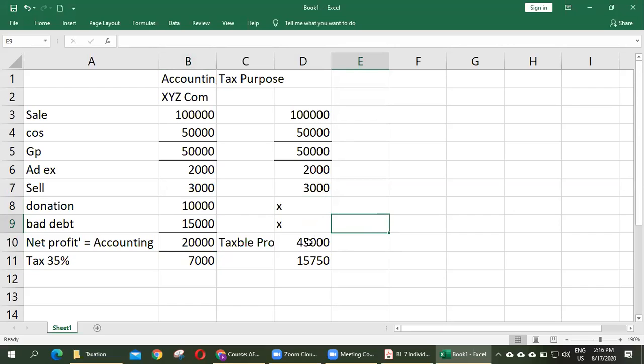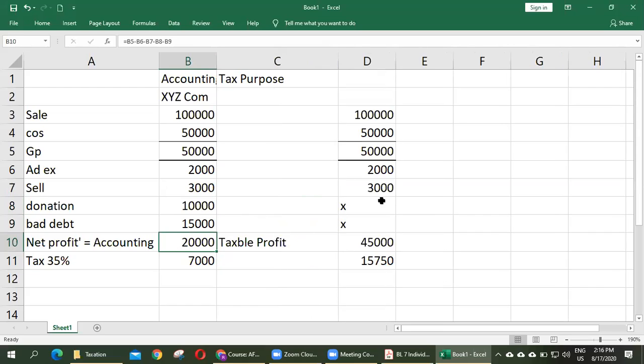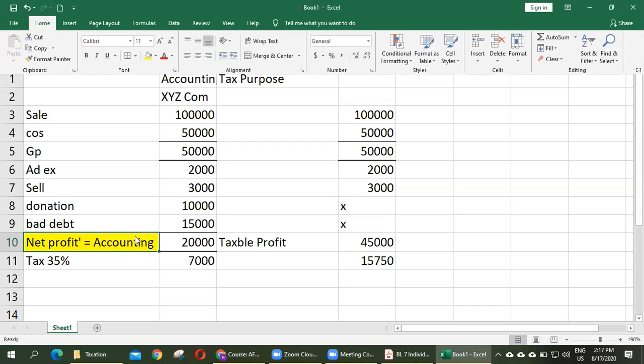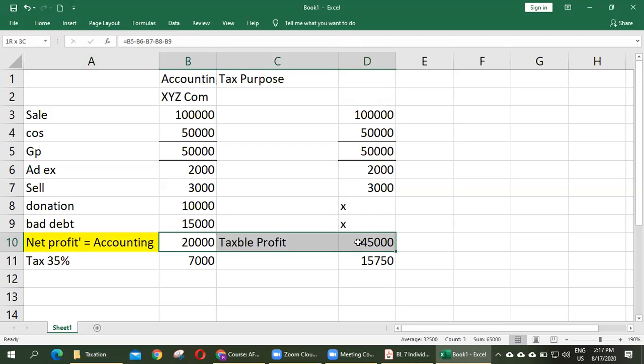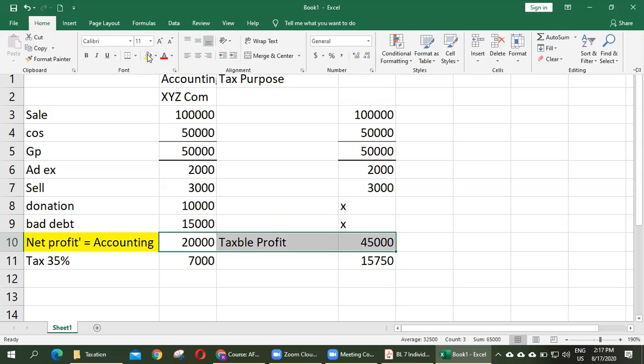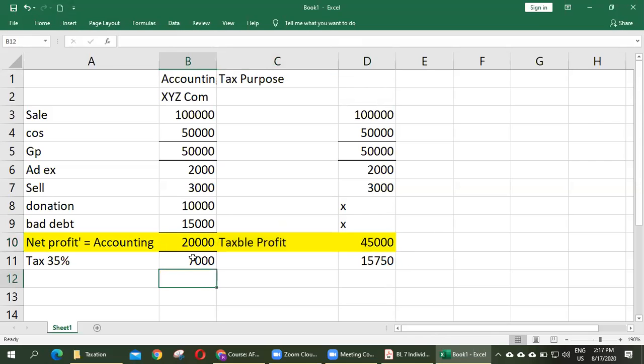This is the accounting profit, right? So this 45,000 is the taxable profit. So there's a huge difference between them. This profit is calculated based on accounting rules.